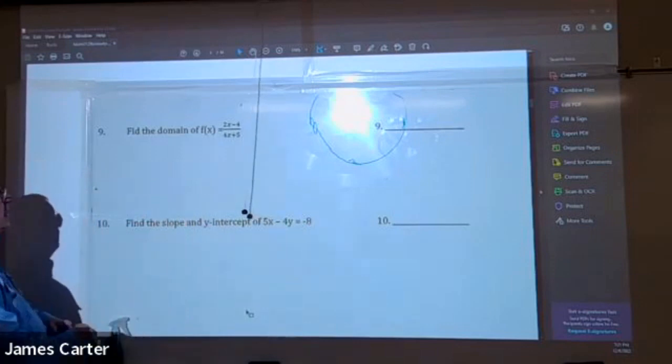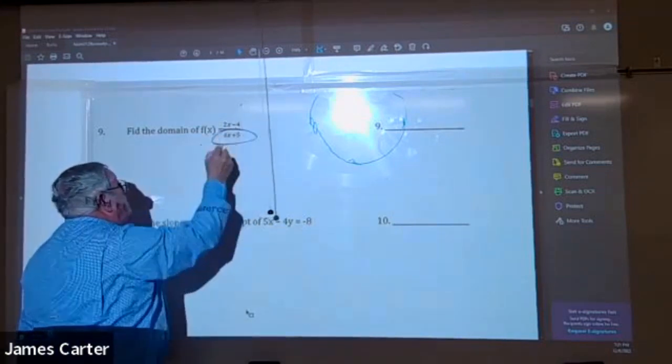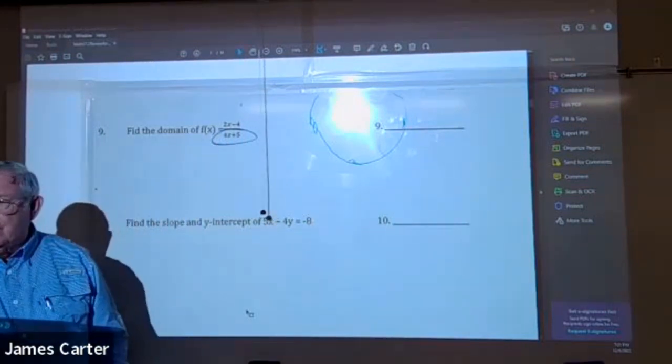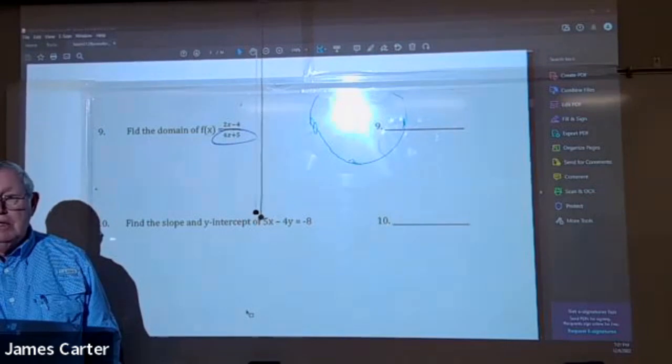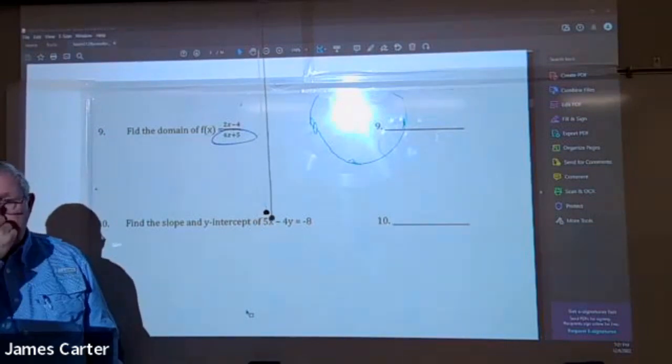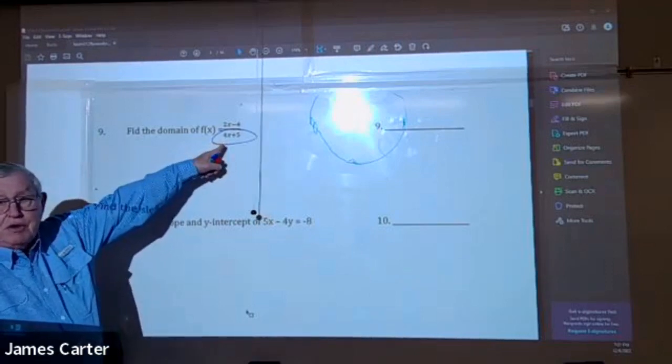Find the domain. When it says find the domain, that means what can that denominator not be? Well, it can't be 0, but what numbers could make it 0?